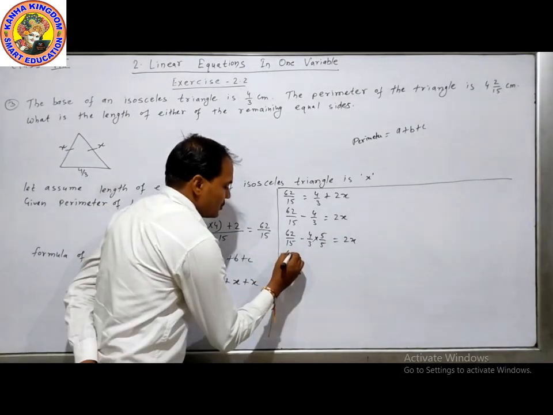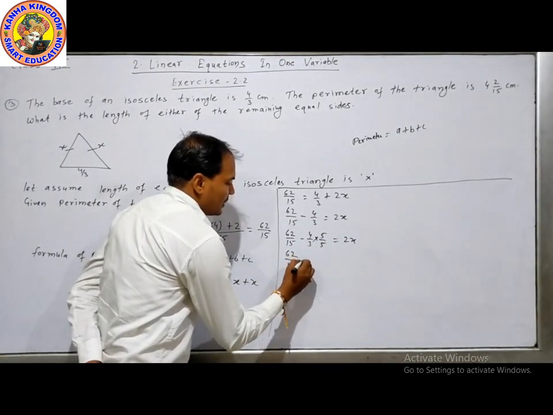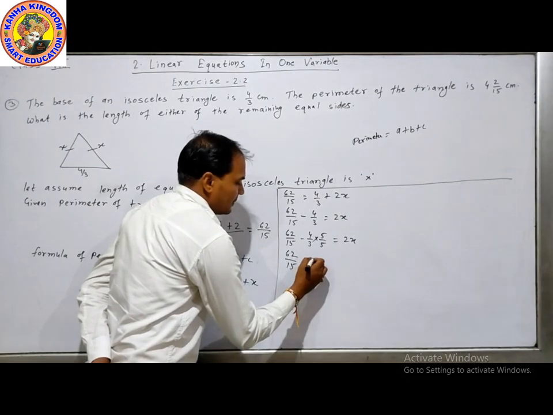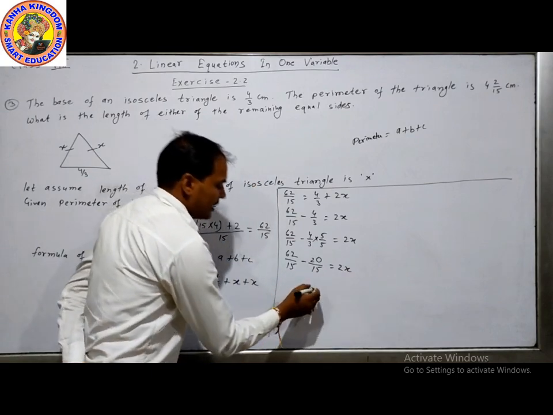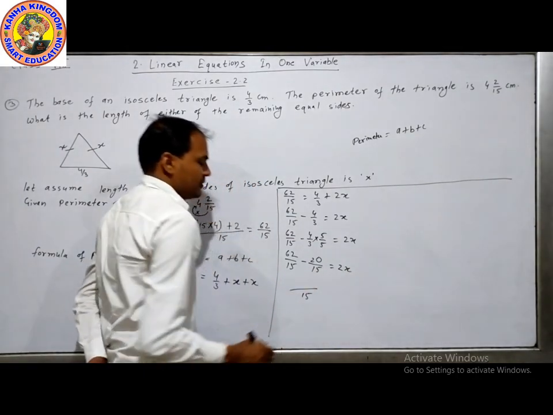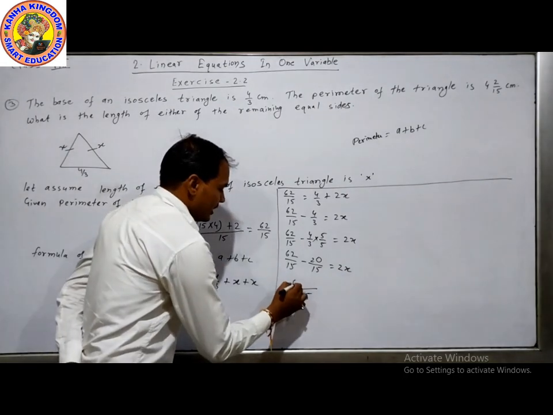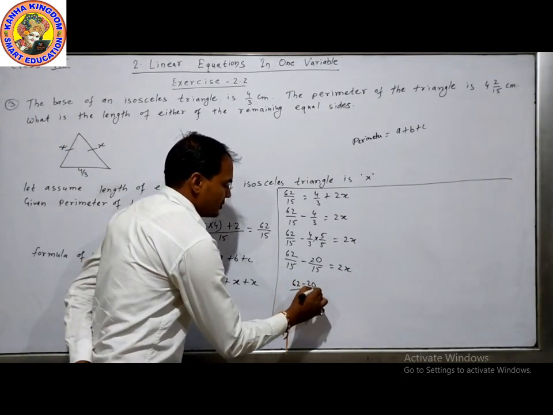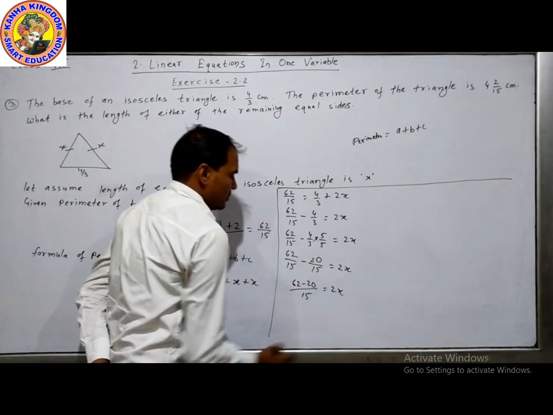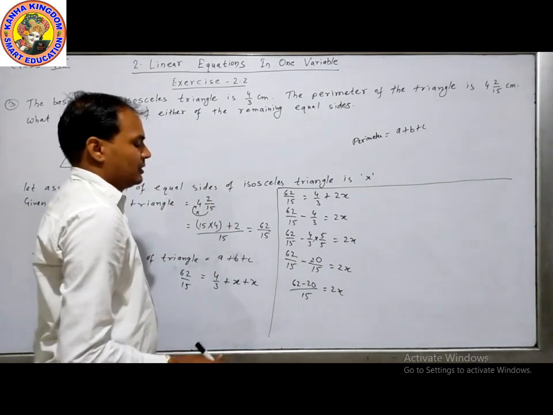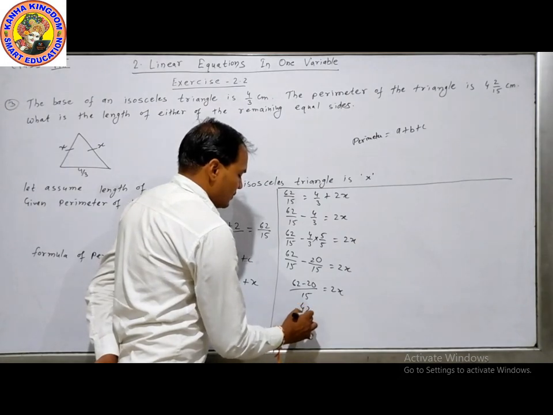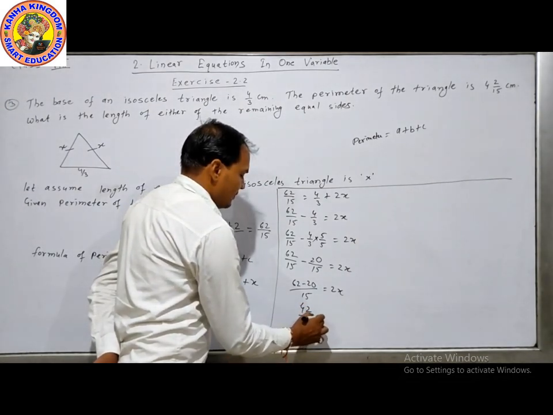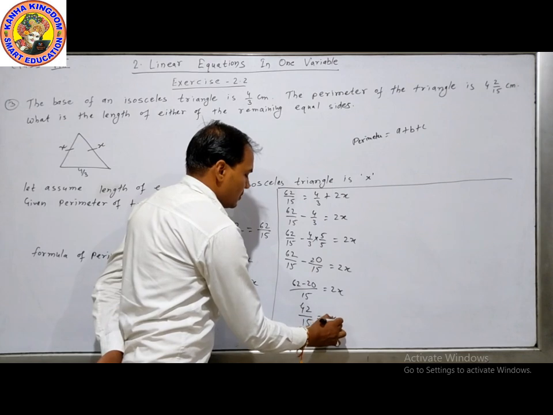Now 62 upon 15 minus 4 into 5 is 20, 3 into 5 is 15, equal to 2x. Now the denominator is equal, so the denominator is 15, numerator is 62 minus 20. When we subtract, the answer is 42 divided by 15 is equal to 2x.